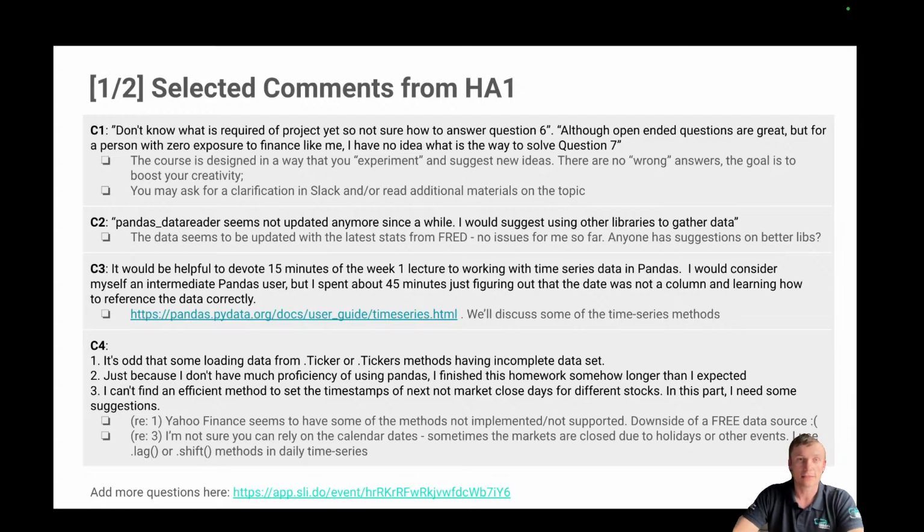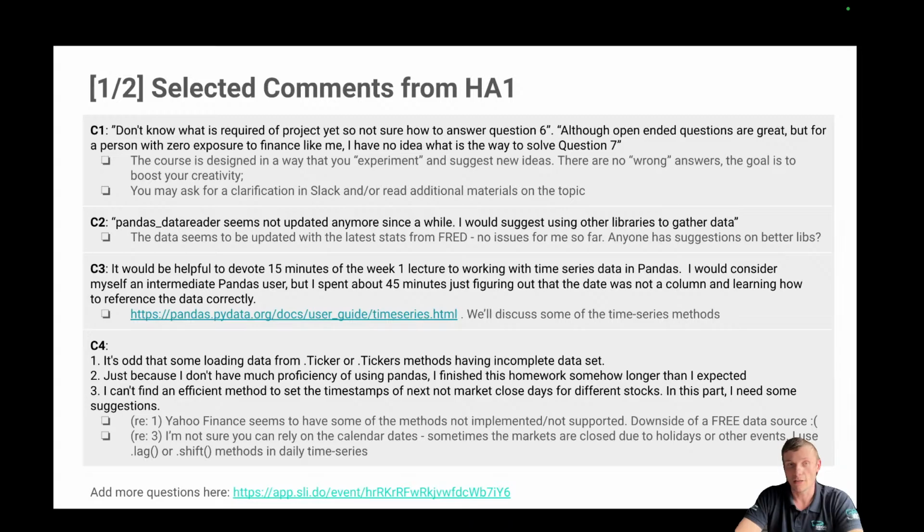Next comment, Pandas data reader seems not updated anymore since a while. I would suggest using other libraries to gather data. I use it all the time. It seems that data from FRED that I'm retrieving through this library is updated daily.